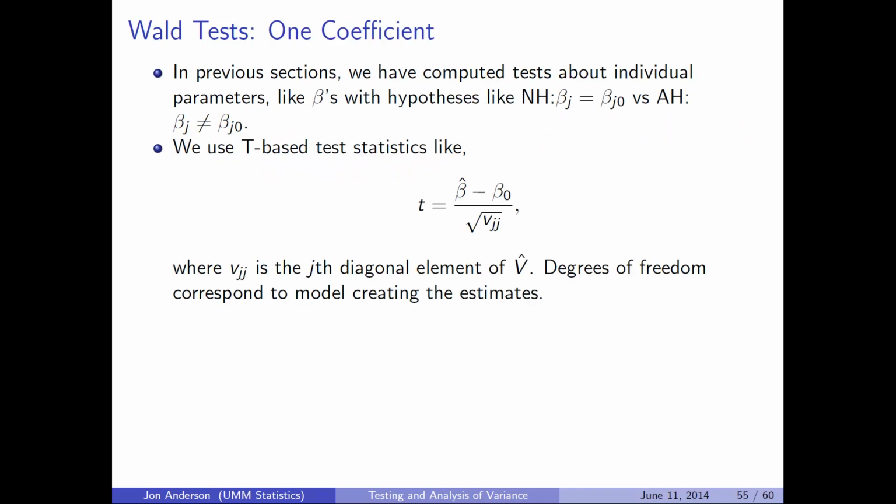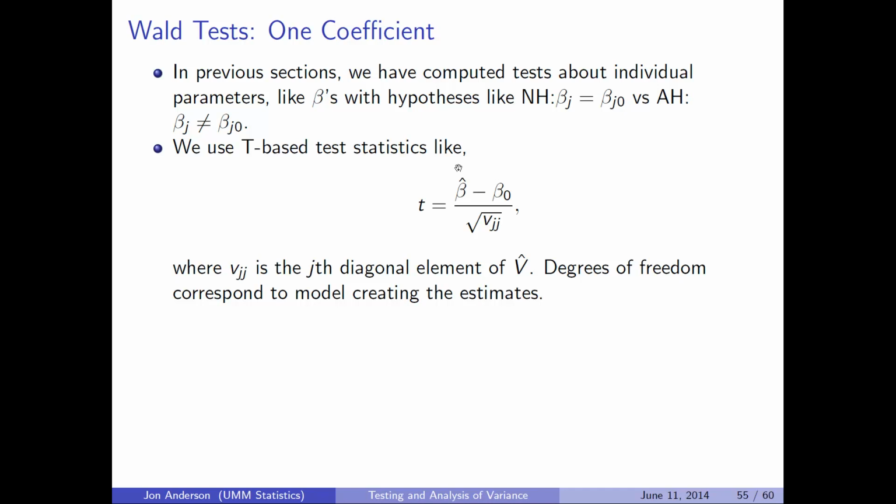The most common kind of Wald test is the kind of t-statistic that we see in our model output, where we are testing a beta parameter against 0. There's no reason it has to be 0. In general here, the null hypothesis is that the beta j parameter takes on a null hypothesis value like beta j naught, and the alternative hypothesis is that the real parameter value is not beta j naught.